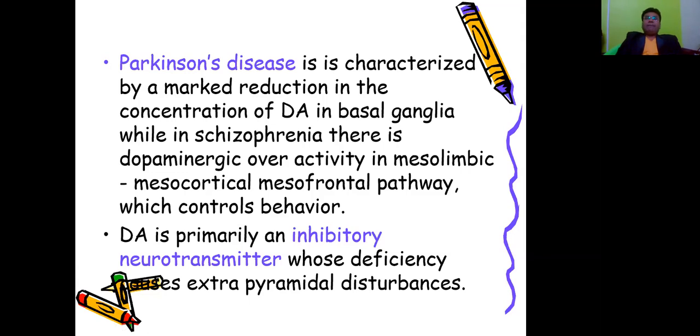Dopamine is primarily an inhibitory neurotransmitter whose deficiency causes extrapyramidal disturbances, or extrapyramidal side effects.